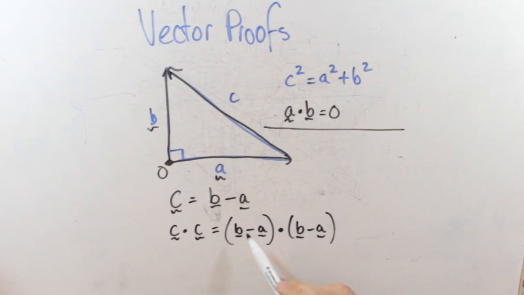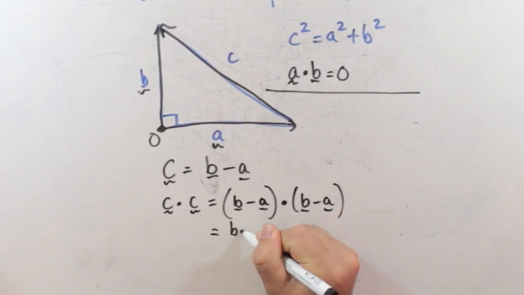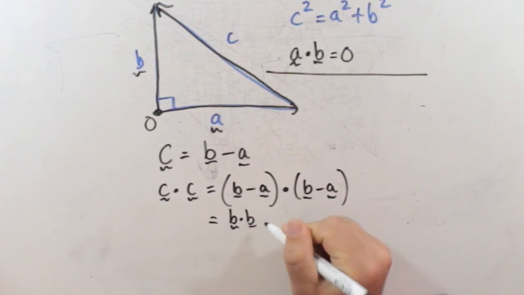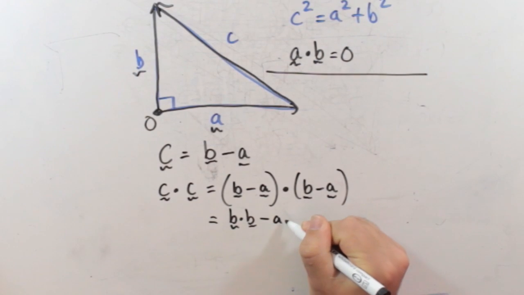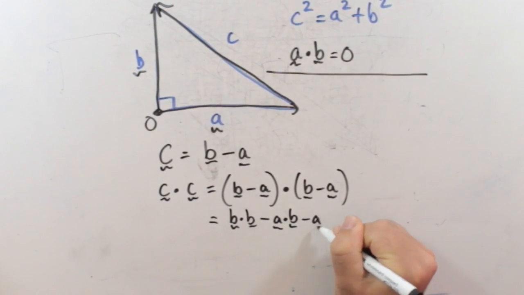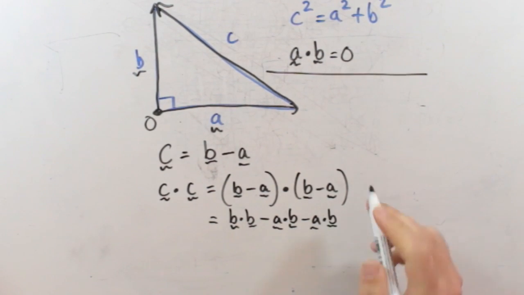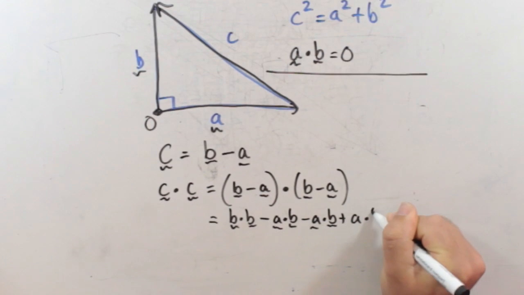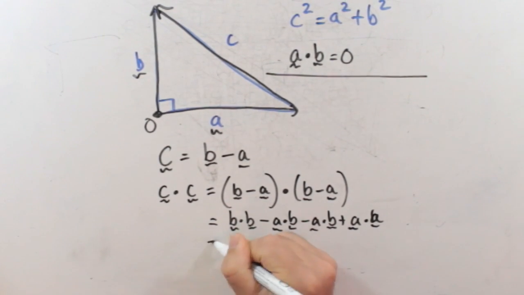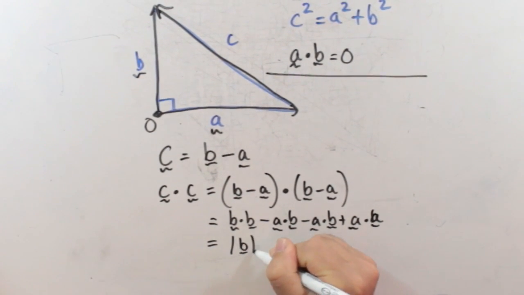Now let's distribute. So we get B dot B, minus A dot B, minus another A dot B, and plus A dot A. So the B dot B, that's the magnitude of B squared.